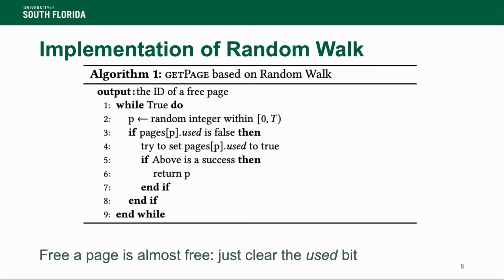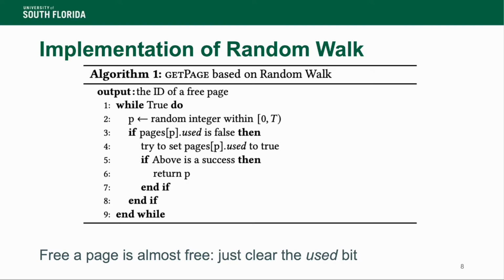And here's the detailed implementation of the random walk algorithm. It's very, very simple. Although there's no global state, acquiring a free page still needs an atomic operation in line 4 because two threads can try to grab the same free page at the same time.